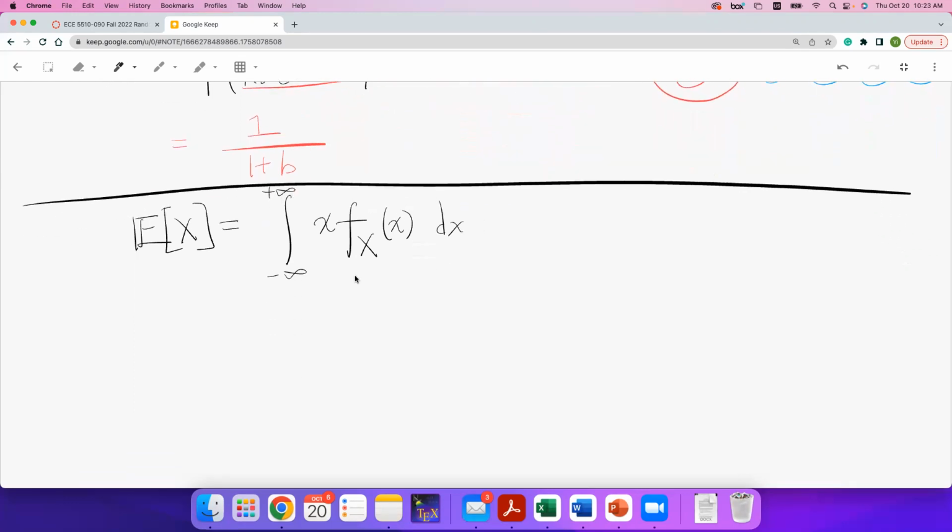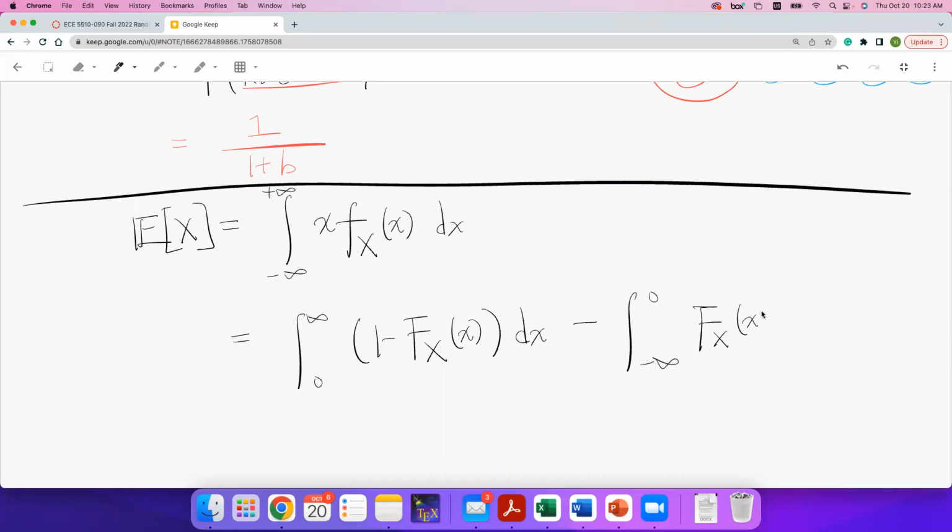But there's an alternative expression, which is to define it through the CDF in this way. So this is another way to define the expectation, but through the CDF.